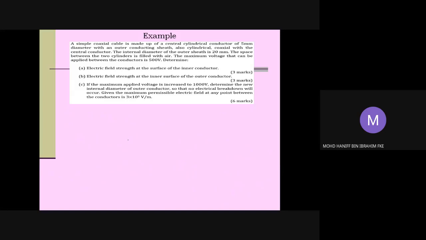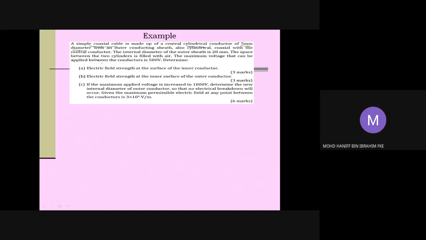In this example, taken from previous test questions, we are given a simple coaxial cable made up of a cylindrical conductor of 5 millimeters diameter, with an outer conducting sheet, also cylindrical, coaxial with the central conductor.